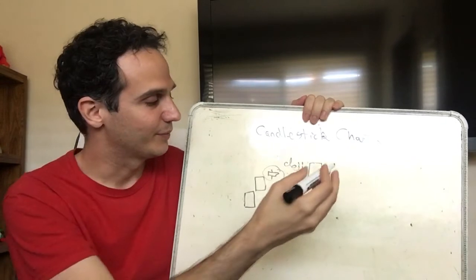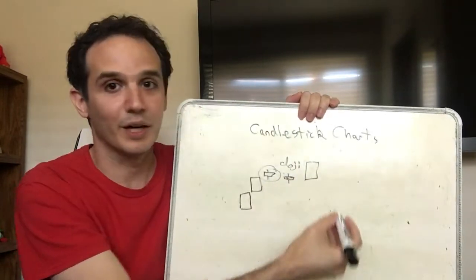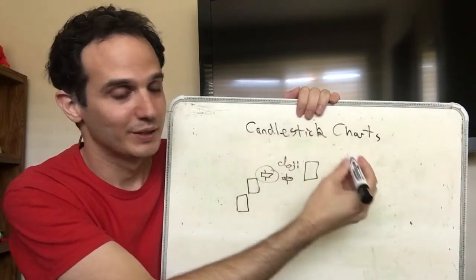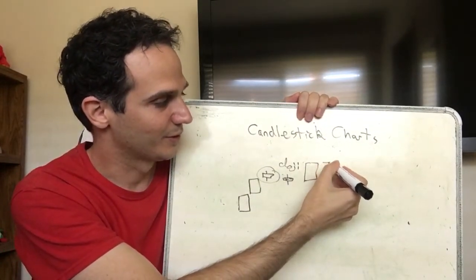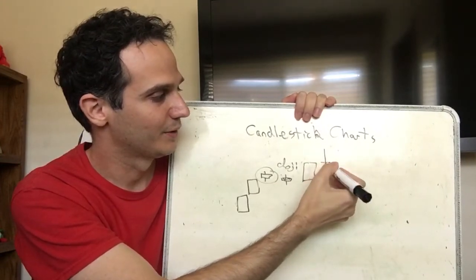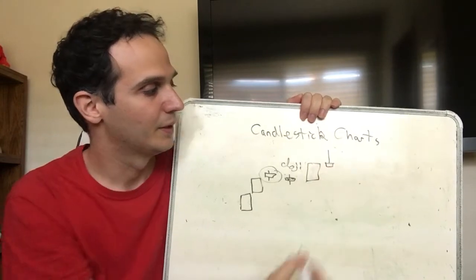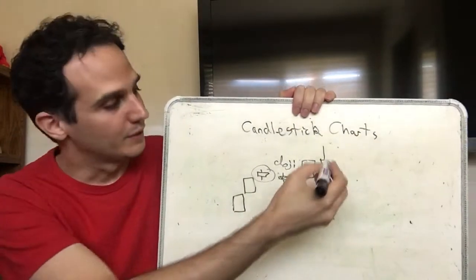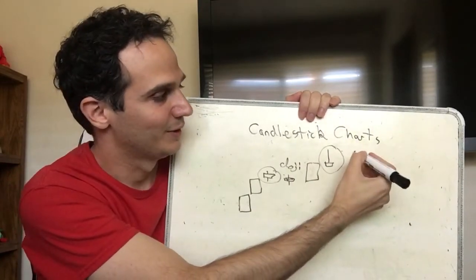And then another kind of candle is a shooting star candle. So like this is called a shooting star candle.